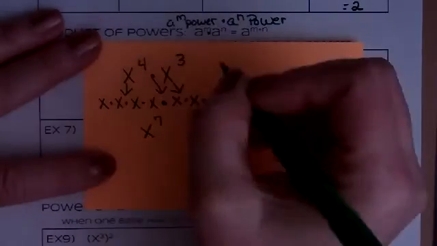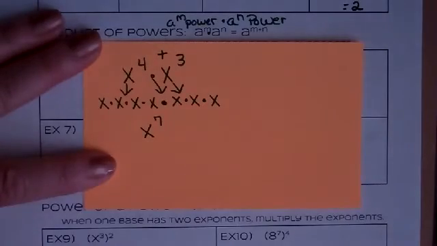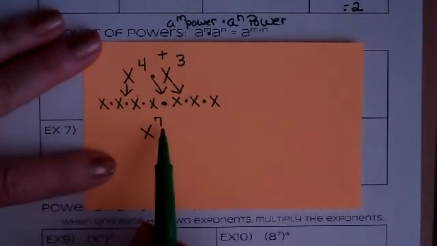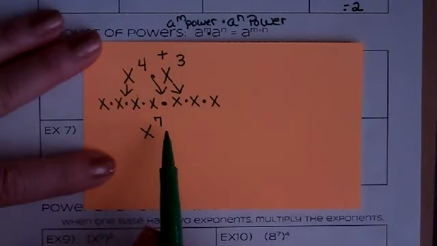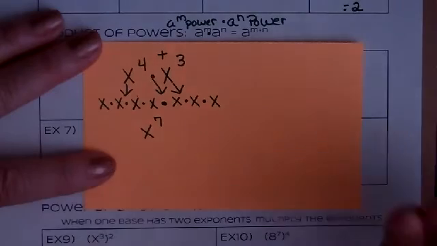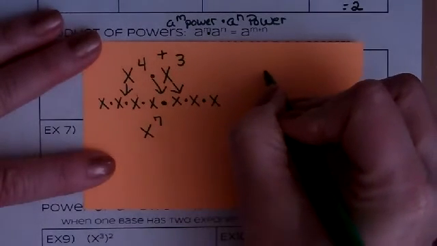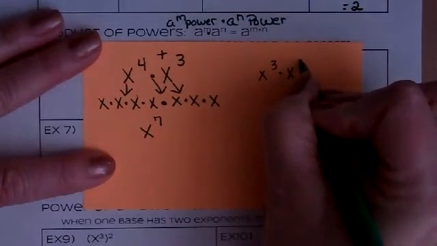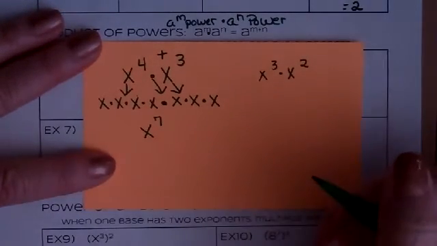And they said, well, dang, why don't I just do this? 4 plus 3. The 4 over here plus the 3 over there gives me a total of 7 that I'm multiplying together. And they said, oh, well, let's just try that again. What if I had x to the third times x to the second? Well, let's see if that works again.